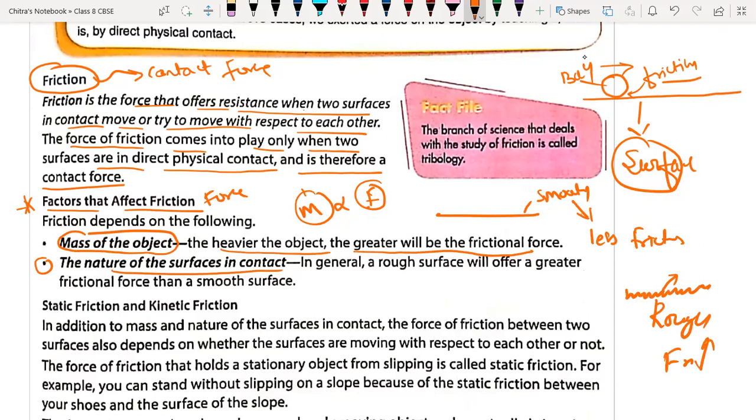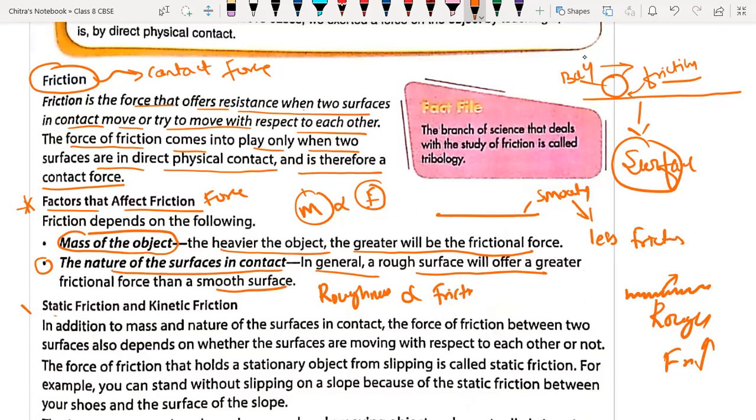So roughness of the surface is directly proportional to the friction. More rough, more friction. Less rough, less friction. Very simple. In general, a rough surface will offer a greater friction force than a smooth surface. It is very important. These are the two factors that affect the friction force.